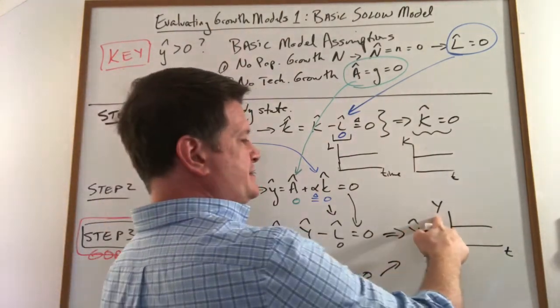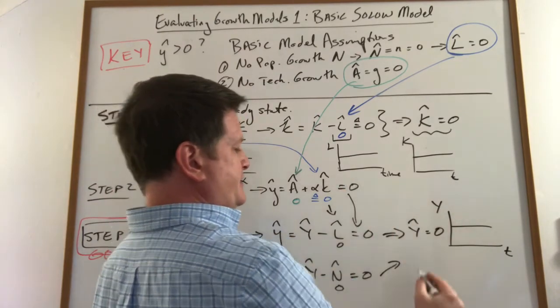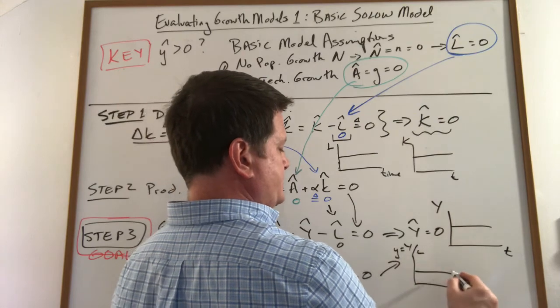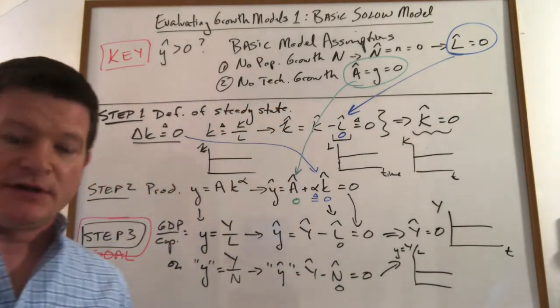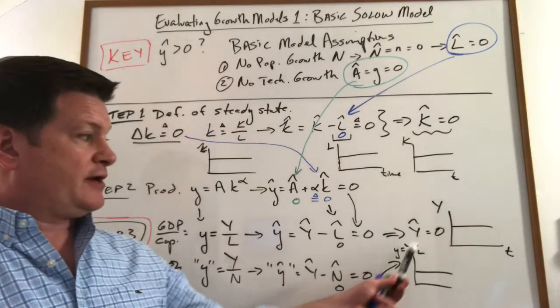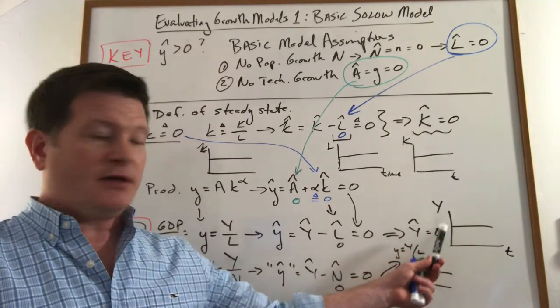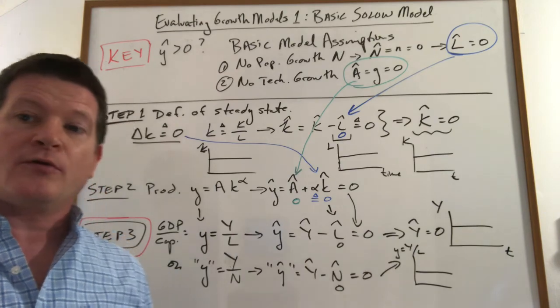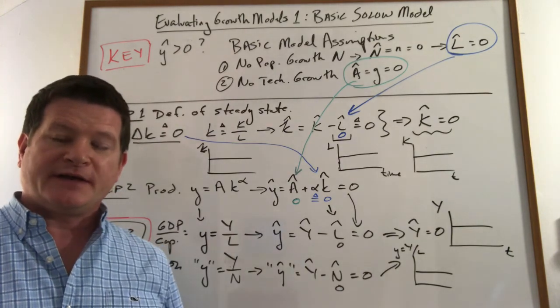So if y is constant, L is constant, then little y over L is also constant. The result is we get no permanent growth in actual GDP, and we get no growth in GDP per worker or per capita in the basic Solow model.